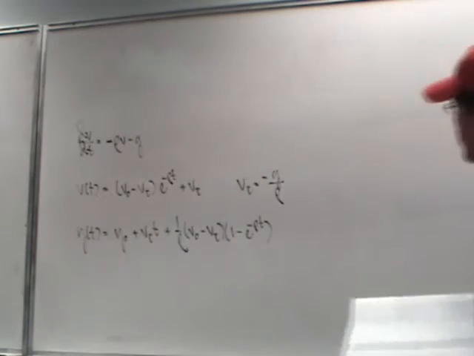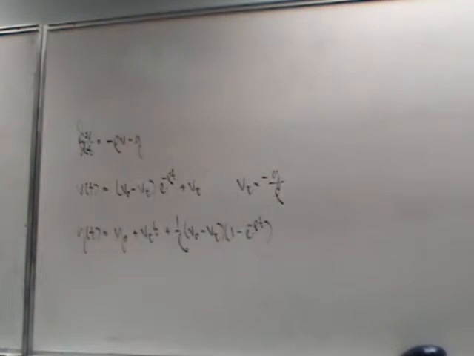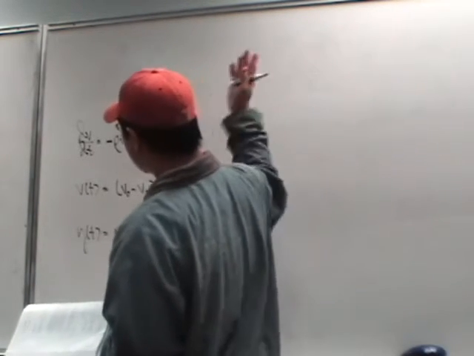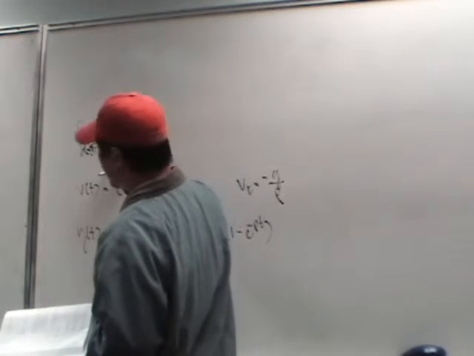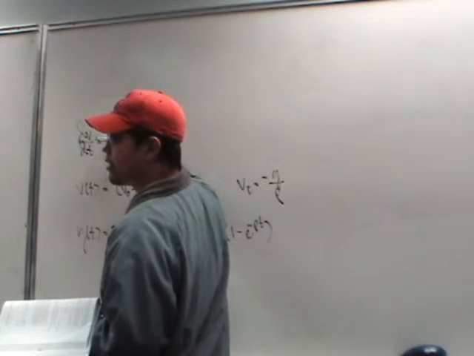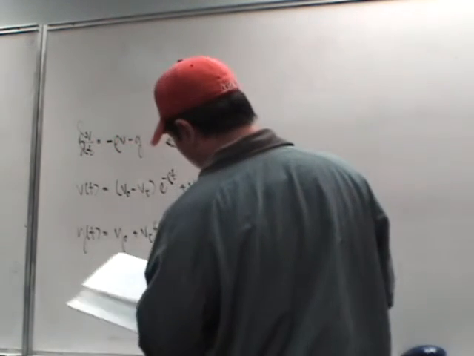So this was the equation for an object that was falling or going up, where the air resistance depends on the linear form of the velocity. All right, so that's number 11 here.